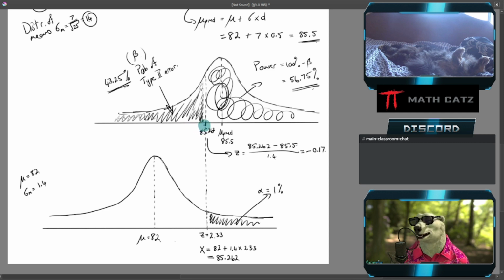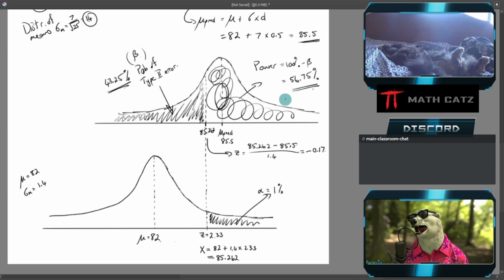That is going to happen whenever I get anything less than 85.265 as a sample mean. But that's on this distribution. And there's a much higher, well, depends on what the predicted mean is. It depends on how much is shifted. That's a different probability that needs to be calculated on this distribution. That is beta, that is my type 2 error.